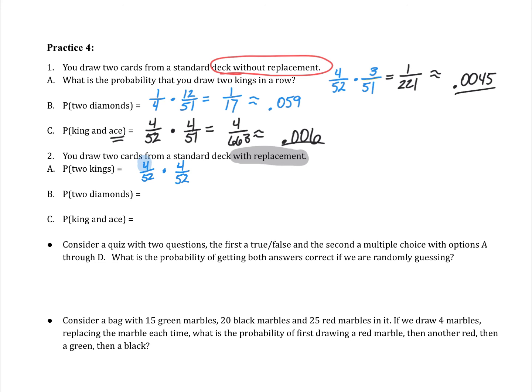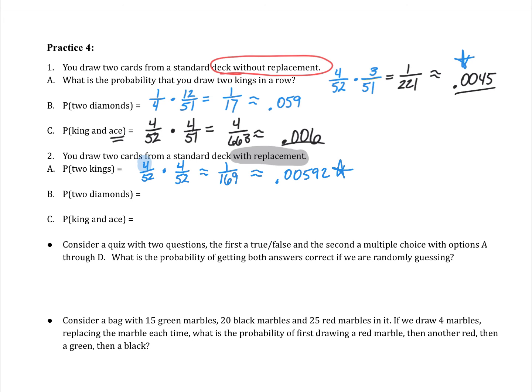You are welcome to put that as 4 over 52 squared, but when we calculate this, my calculator tells me 1 over 169. So my chances of doing this are 0.00592. Now when we compare that to not replacing, you see it's still unlikely, but we can see the chances have improved.